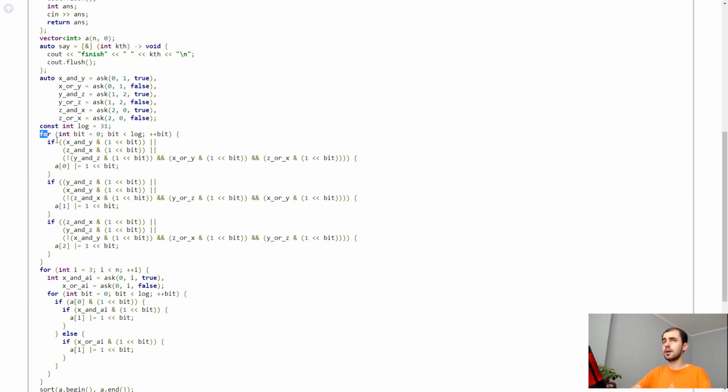I said that I will characterize all circumstances under which A0, that is x, will have this bit set. I said that this happens when one of the following happens. Either x and y have this bit set, because if it does, then both x and y have this bit set. Same with z and x. And imagine this does not happen and this does not happen.